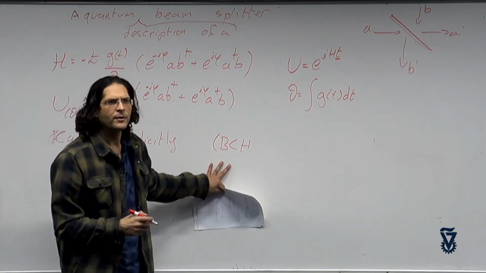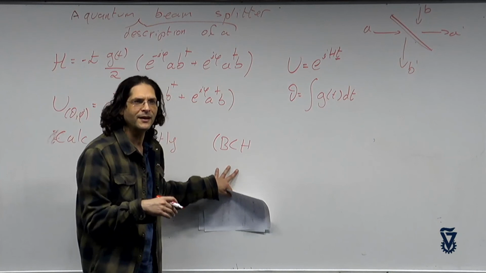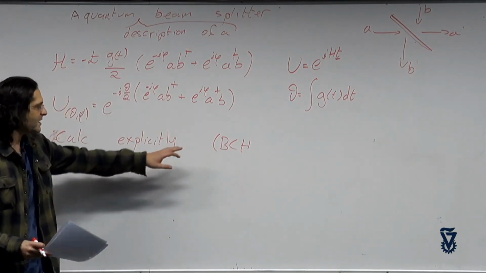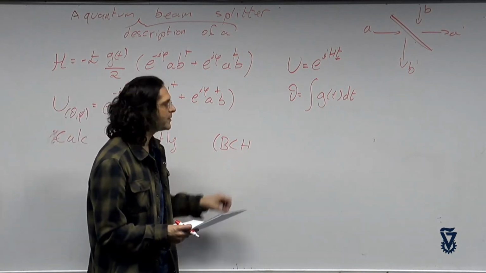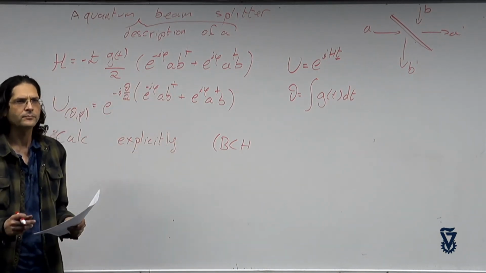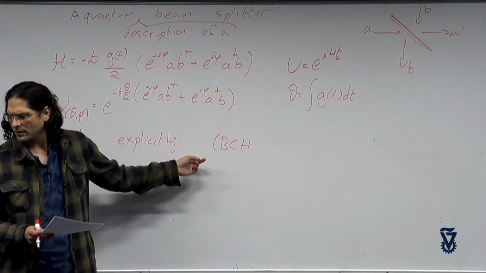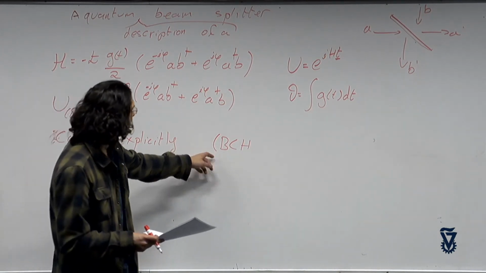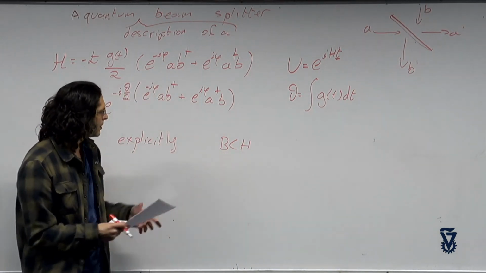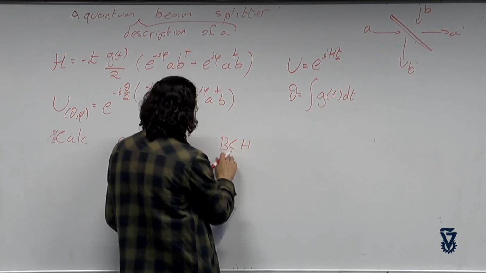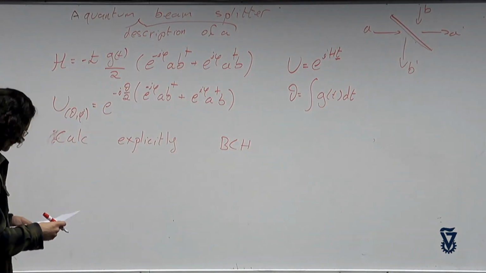Those who don't remember, Wikipedia. Those who do remember, also Wikipedia. This is one of the most useful formulas for all these calculations. Did I mention it a couple of lectures ago? Maybe not. I don't remember. So yeah, go look on Wikipedia, Baker, Campbell, Hausdorff formula.